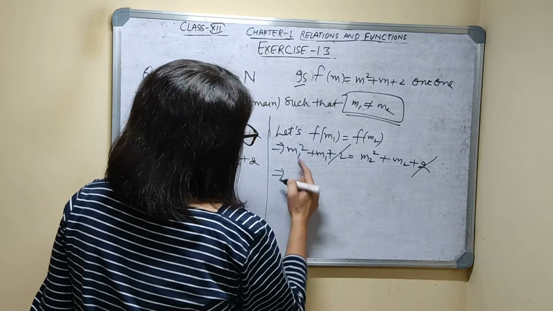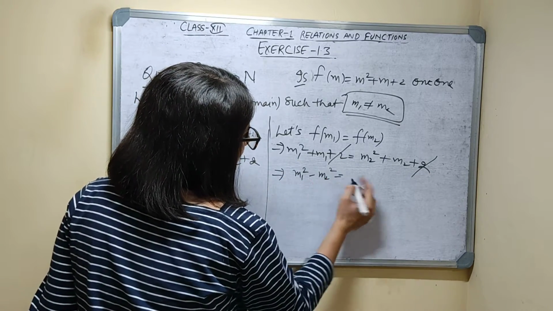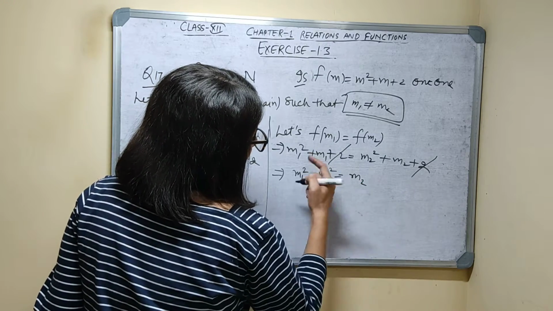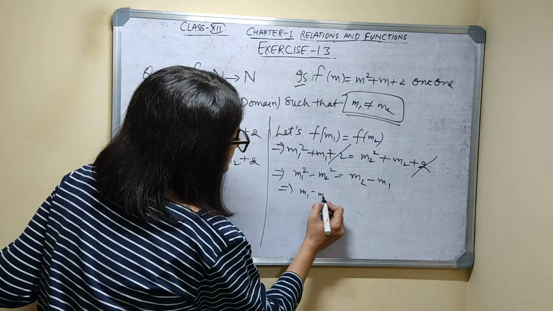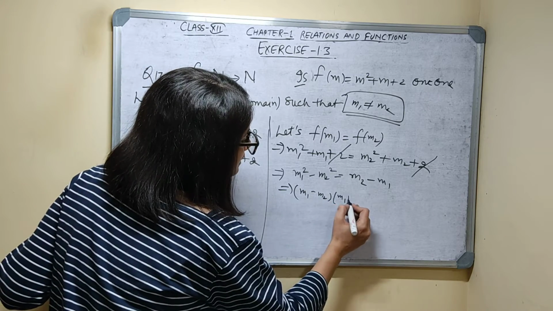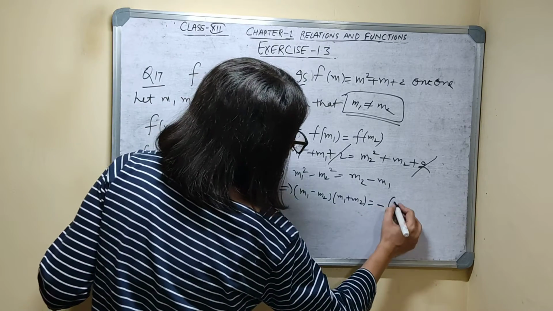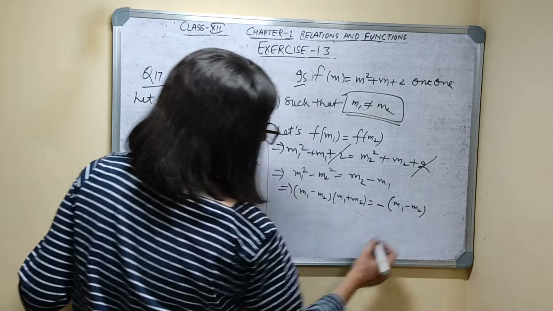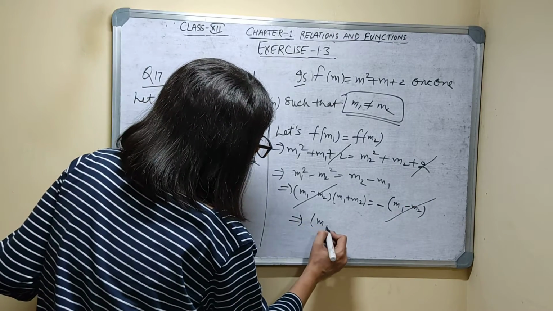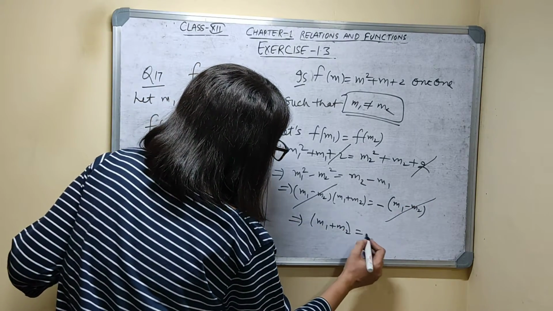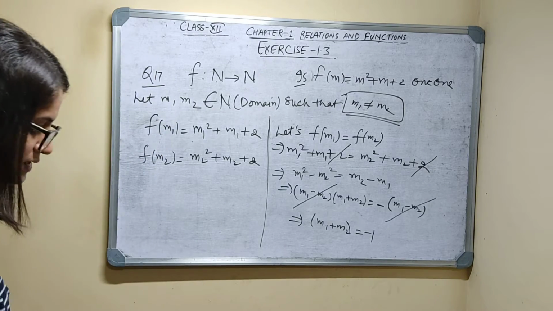Plus 2 cancels. It will be m1 square minus m2 square is equal to, this m2 and this m1 go to the other side, so minus m1 plus m2. So I can write m1 minus m2 times m1 plus m2 is equal to m2 minus m1; I will take minus common, so minus of m1 minus m2. So m1 minus m2 cancels. So m1 plus m2 is equal to minus 1.